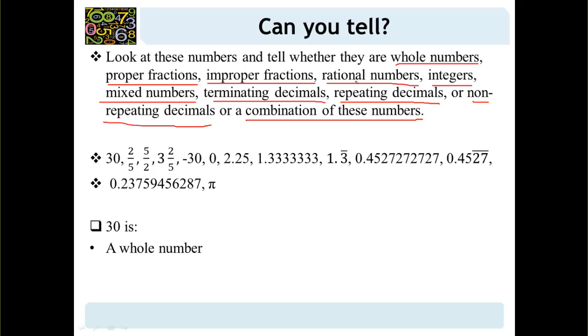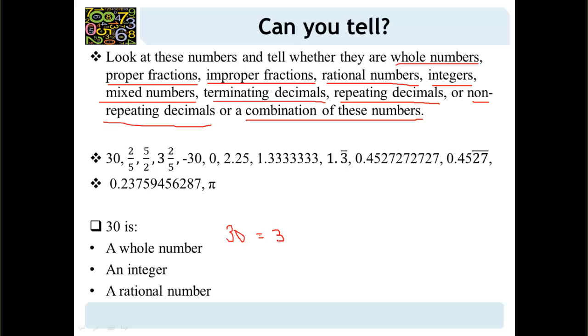But natural numbers are not listed in our objectives. We just mentioned it. So 30 is a whole number. It is also an integer. Remember, an integer includes the whole numbers and also the opposites of the whole numbers, which are the negative values. Then it is also a rational number. Why? Because 30, you can write it as 30 over 1.